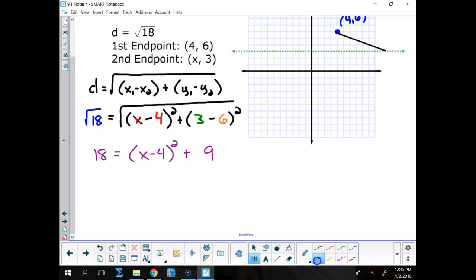Now what? Subtract 9 from both sides. That's going to give me 9 equals x minus 4 quantity squared. Square root both sides.